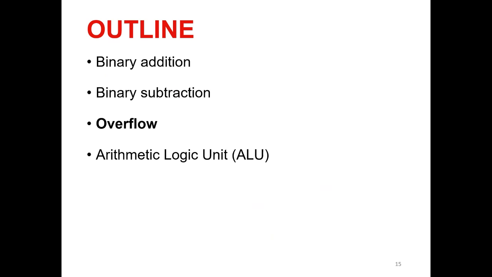So let me check if I see any question here before I continue. Someone is asking, why can't you add them as decimal numbers and convert to binary afterward?